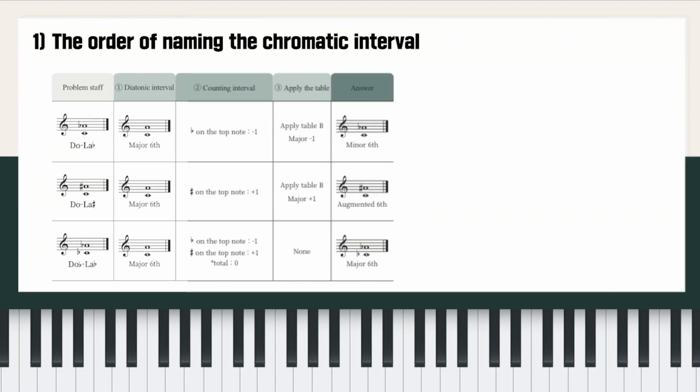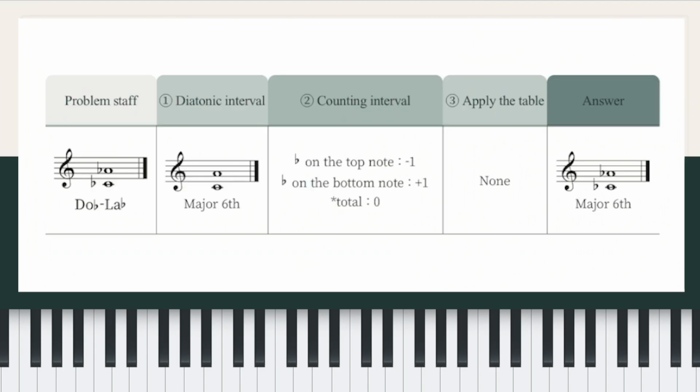These are the same if you follow the order of naming. Look at do flat and la flat. You find the diatonic interval first, which is do to la, and it's a major sixth. But the flat on the top note, la flat, reduced the interval. That means -1.